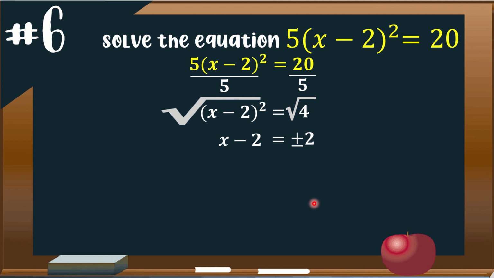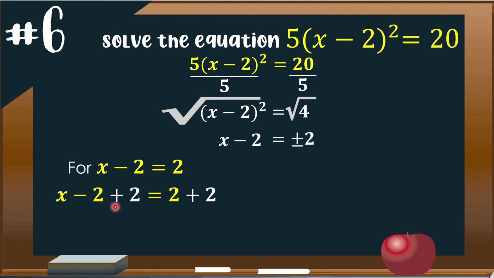So same, para makuha natin si value ni x, let us have x minus 2 is equal to positive 2. So ito yan. Applying again the addition property, we will add positive 2 to both sides. Therefore, the value of x will be x is equal to positive 4.